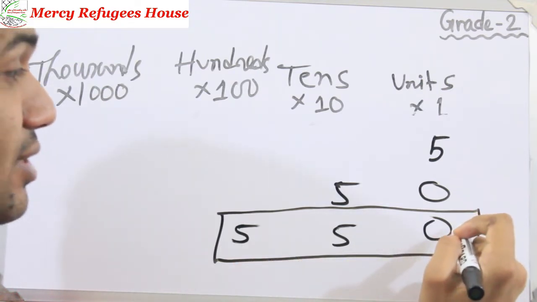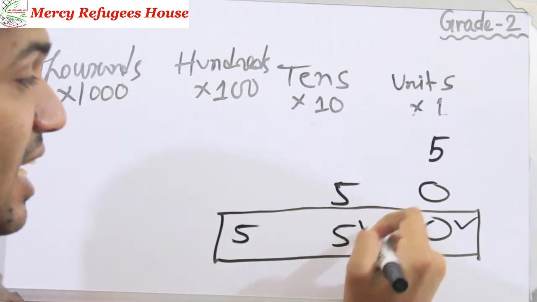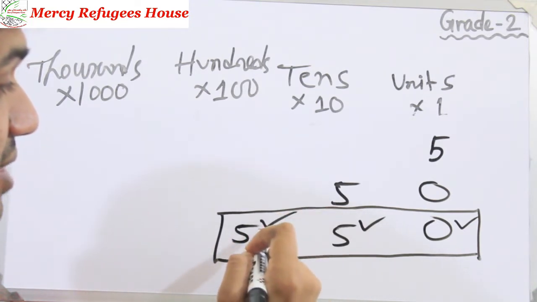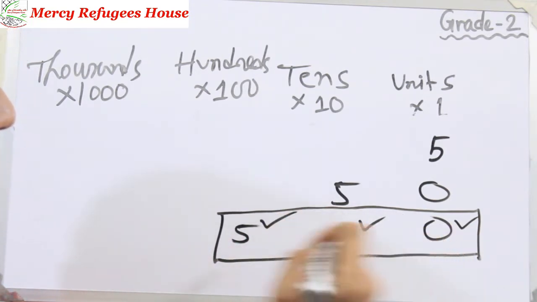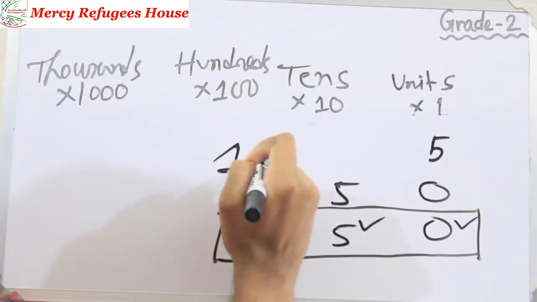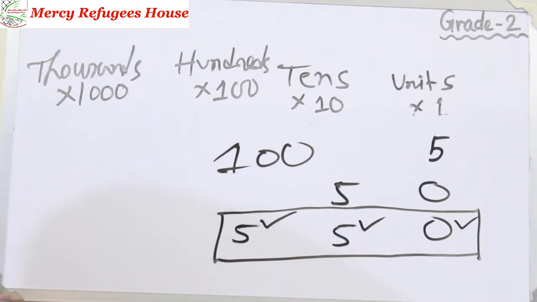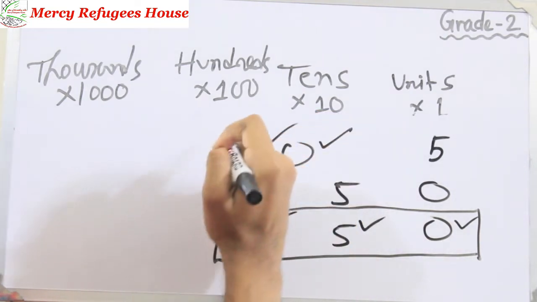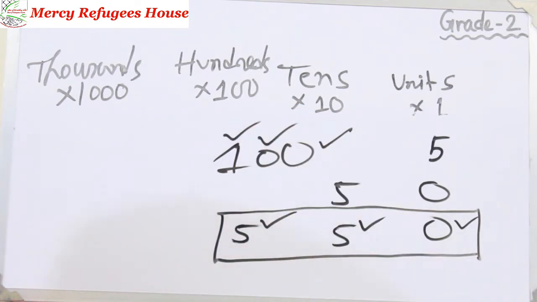Here, this is the unit number, this is the tens and this is the hundreds. If there are three digits in a number, we call it hundreds. This one is the unit number, this one is tens, and this one is the hundreds number.